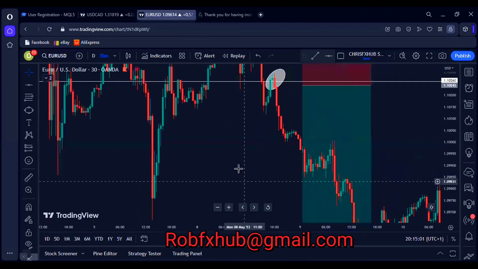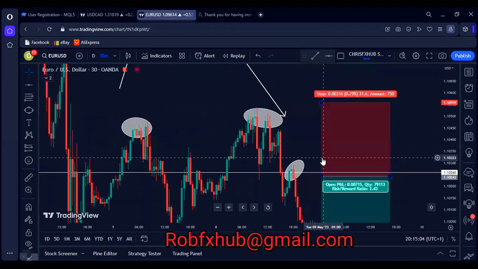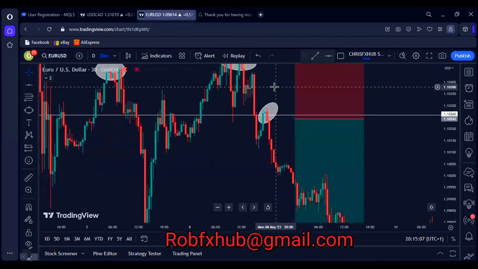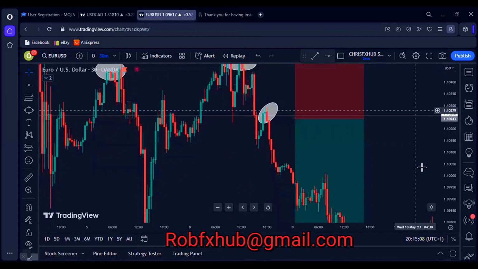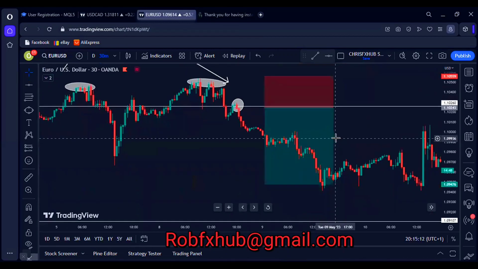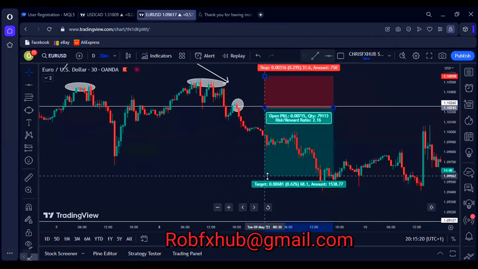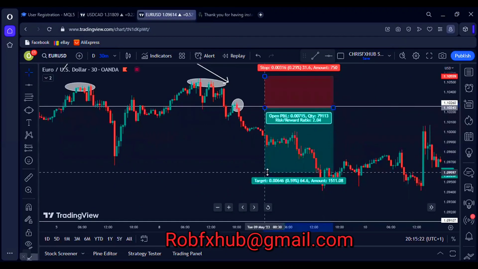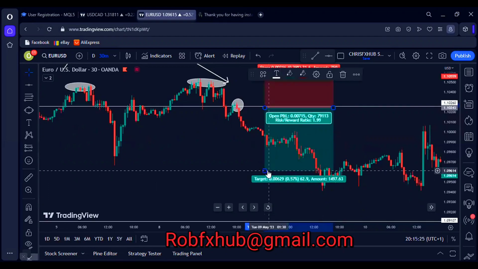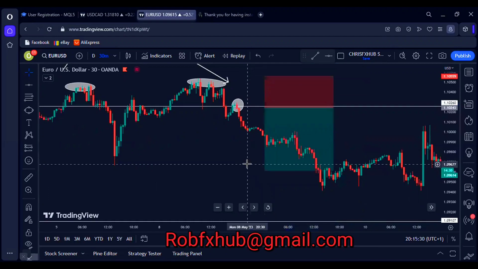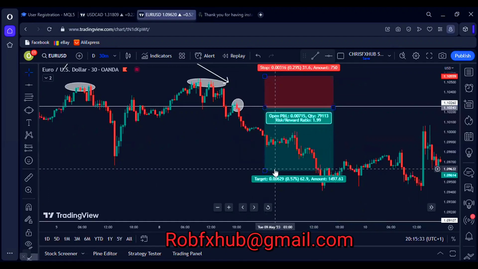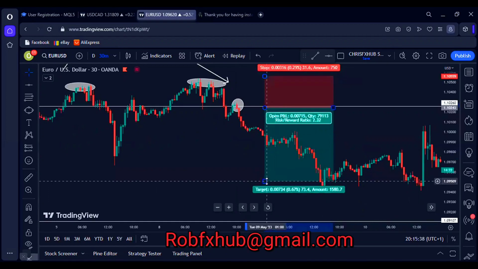This is 1:3, but 1:2 is fair. Like I told us, try not to target more than 1:2, so that at least you are more certain that the market is going to hit your take profit rather than your stop loss, than to target 1:6, most especially for retail traders who don't trade long term. 1:3 is fair, but me, I target just 1:2.